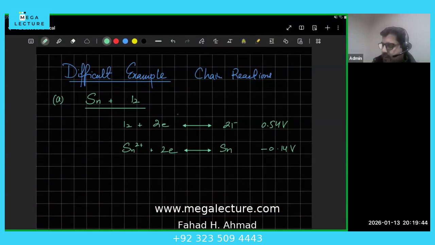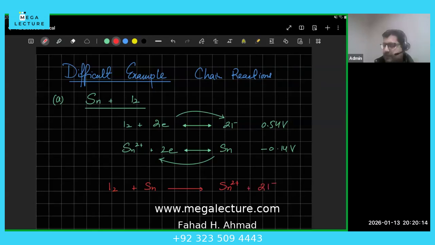अच्छा, higher potential gains electrons, lower potential loses electrons. So out of the reactants, out of the products, the first one has the reactant iodine, the second one has tin, and you've got your product which is tin 2 plus and 2I minus 1.